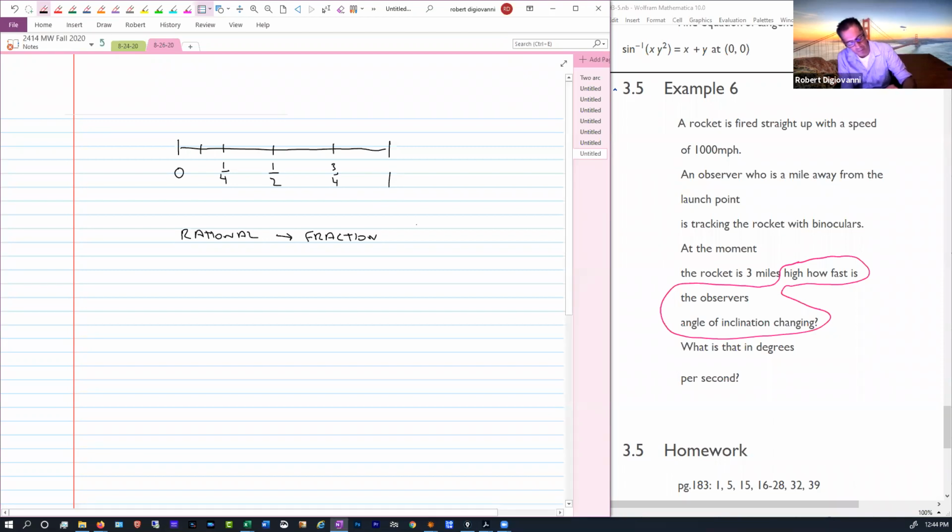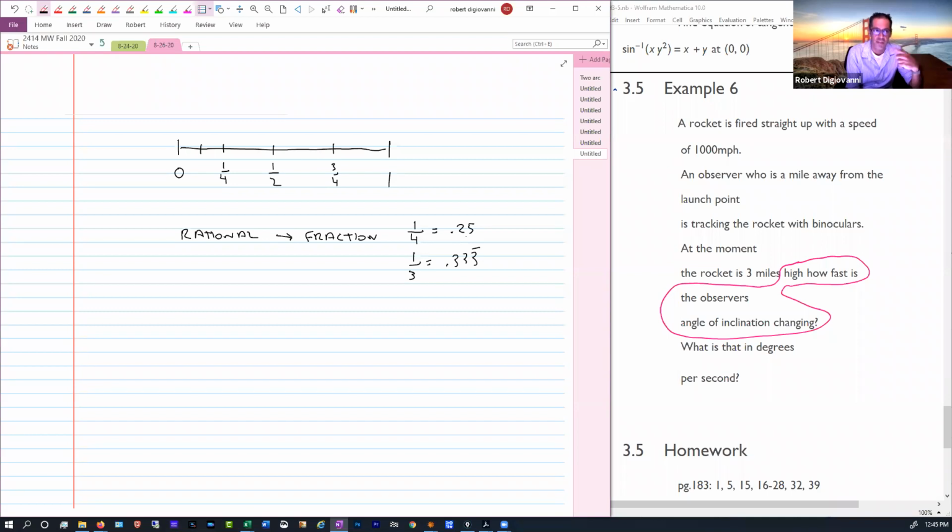Here's an example. If we take the fraction 1/4, that's 0.25, right? If we take a fraction like 1/3, that's 0.333 forever. The first fraction, 1/4, terminates; 0.25 stops. 1/3, 0.33, never stops, but there's a pattern to it.